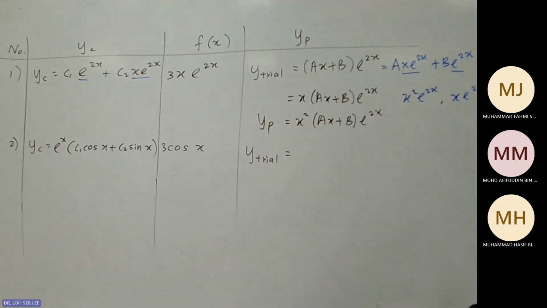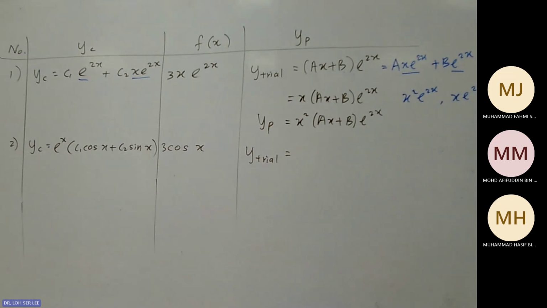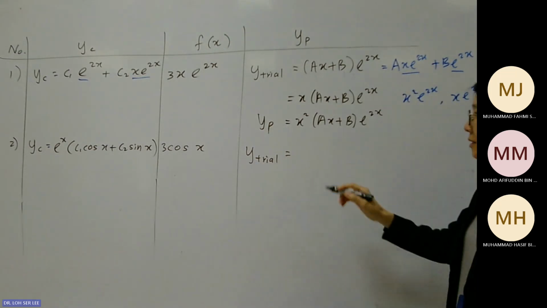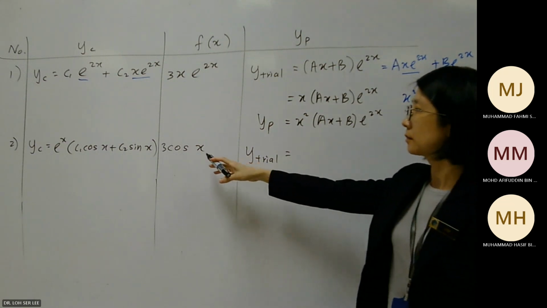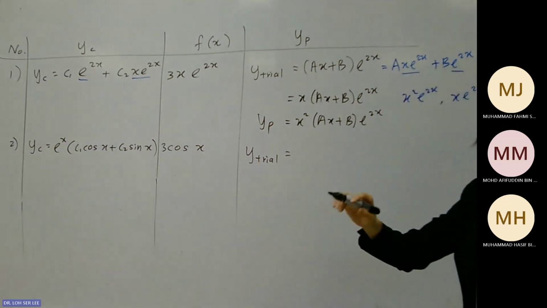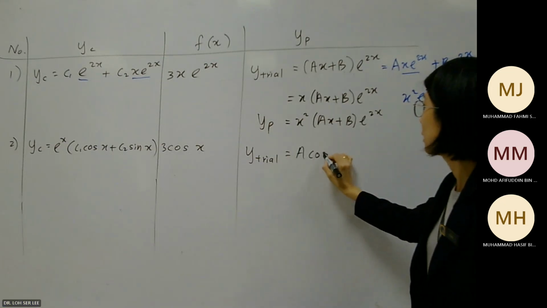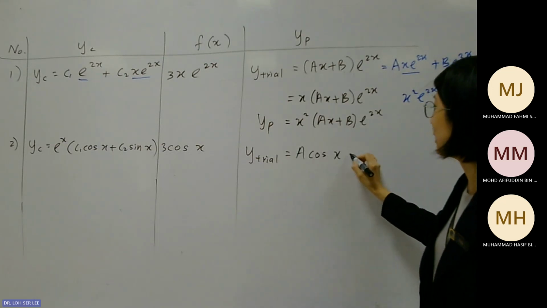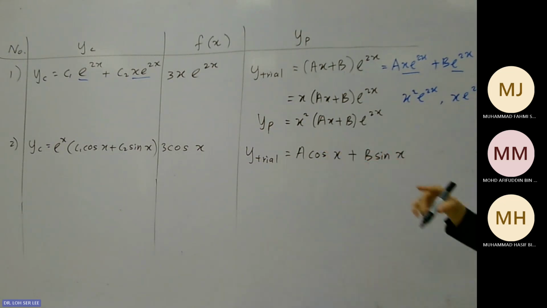Let's say this is your YC. This is your FX. What is the Y trial? Cosine function comes in a pair: A cos X, B sin X. Is there any duplication?